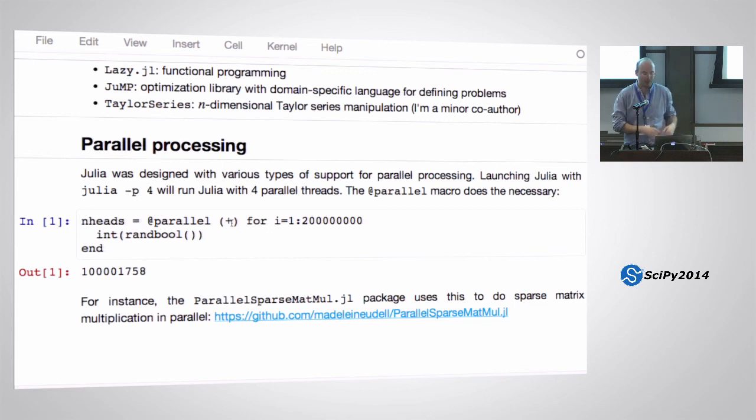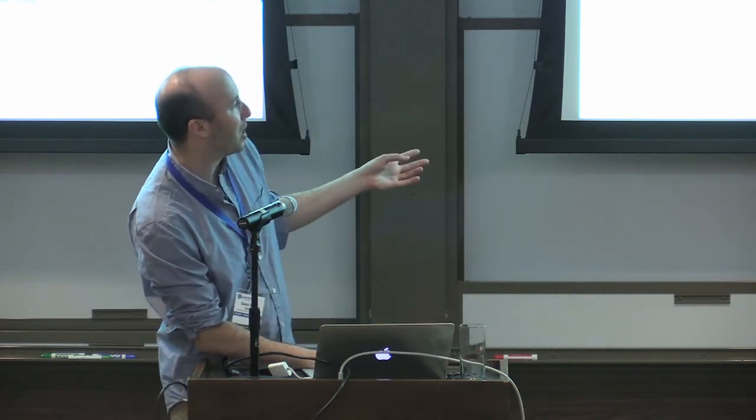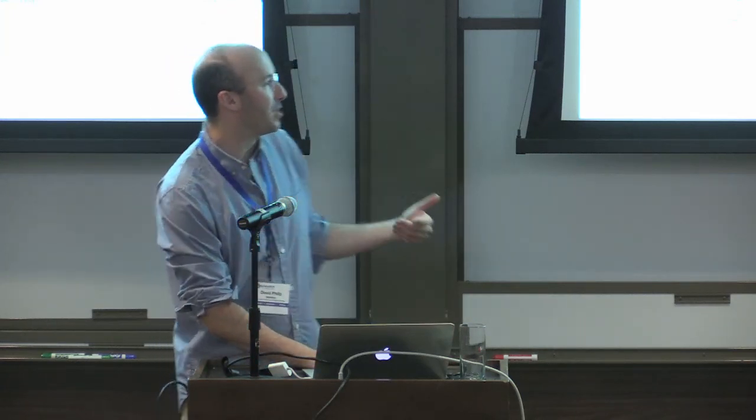That's all detailed more fully in the Julia manual. You can do the calculation, and on this little laptop it's much slower to do it in parallel than in series, but if you have a decent machine, that shouldn't be the case. For example, there's this parallel sparse matmul package that does parallel sparse matrix multiplication, as far as I understand, just using this @parallel thing.